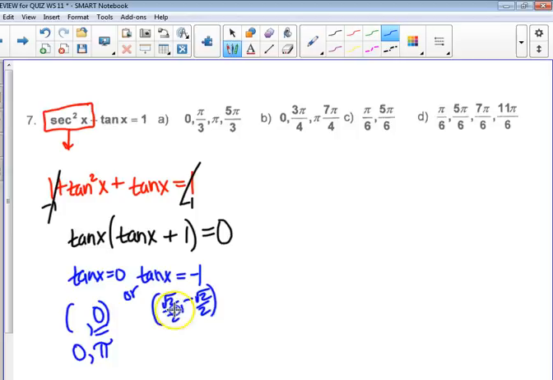And it could be switched with the negatives, right? 3 pi over 4 and 7 pi over 4. So choice B seems good. This line right here wasn't really part of the solution. It was just what we were looking for on the unit circle, right?